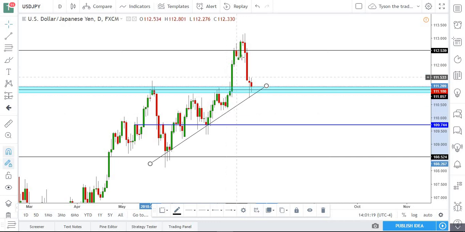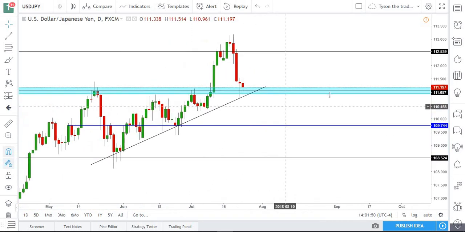In this case, we had a push to the upside, and it was met by our 112 monthly resistance level, and it pushed to the downside for the second phase of the market, which is a pullback. The first phase was the push, the second phase was the pullback to our now support level. And another thing that formed here was our new higher low.